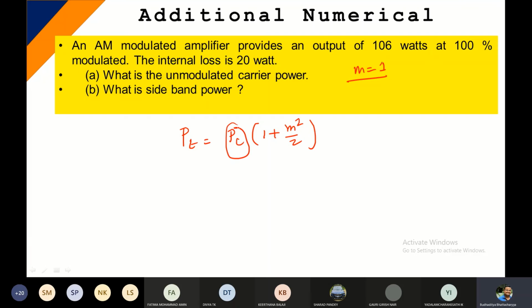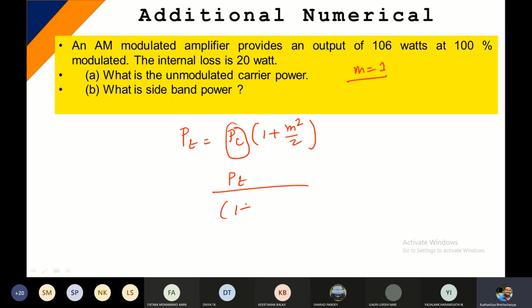Given the specification, can anyone please tell me what is the value of PC? Is the carrier power given anywhere? Oh, okay, the carrier power is what we have to find out. Ideally, I was making a mistake.